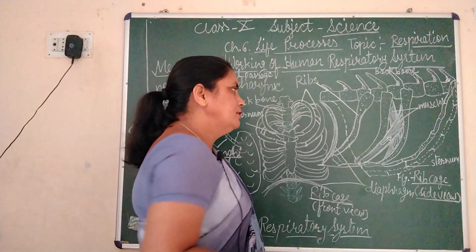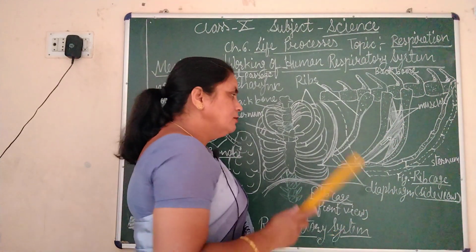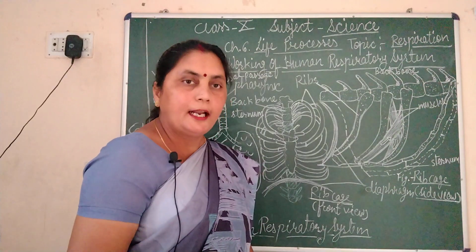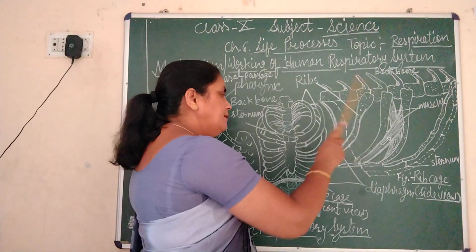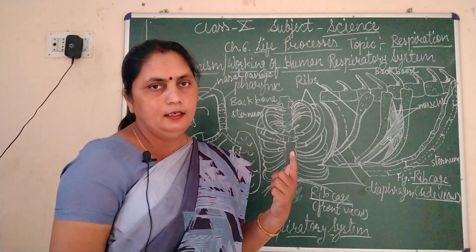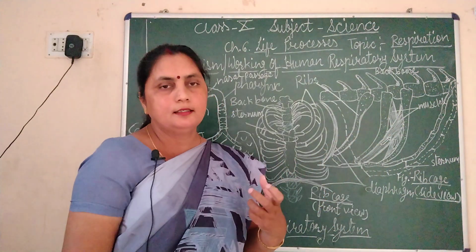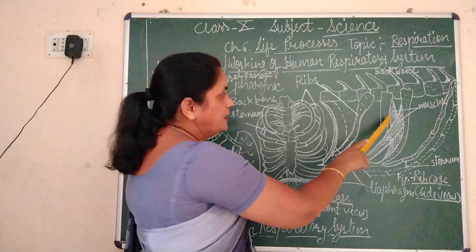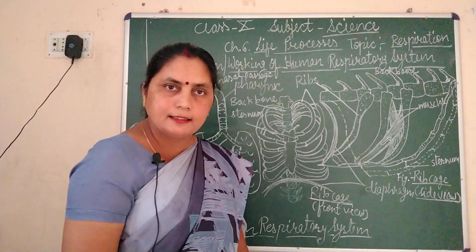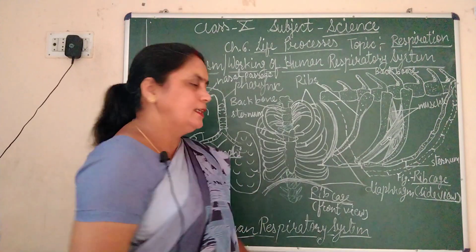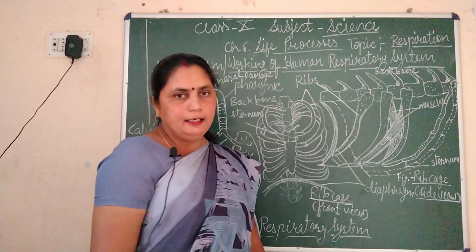Here I can tell you only that these muscles are at right angles to each other, and when one bundle of muscles contracts, the other bundle will relax, and when the other bundle contracts, the first one will relax.